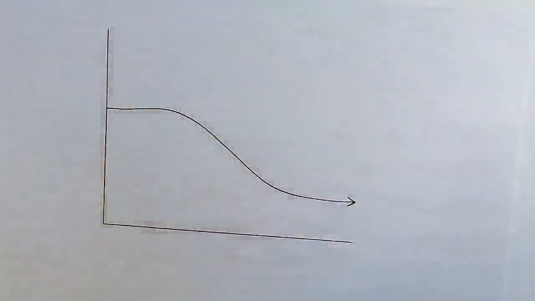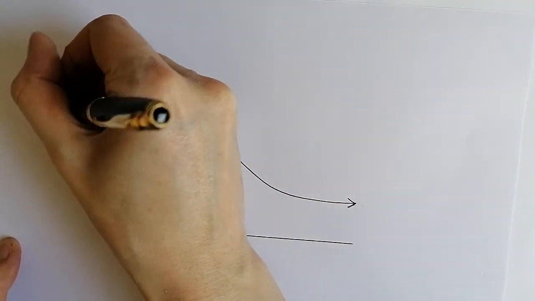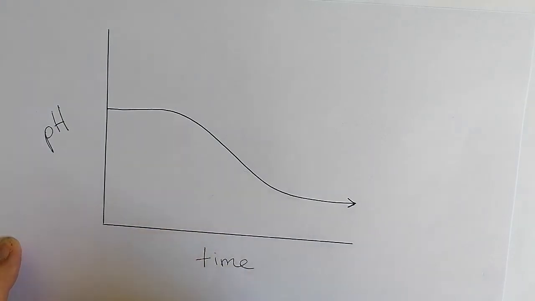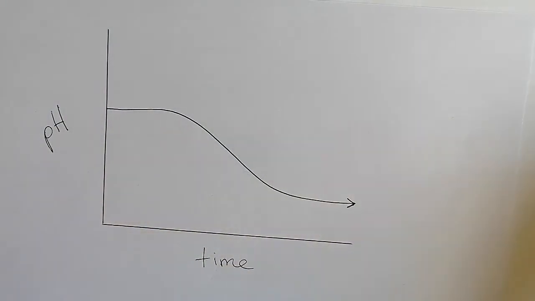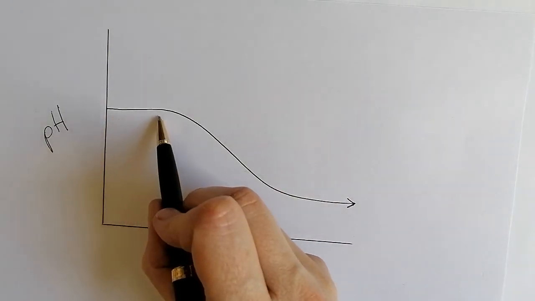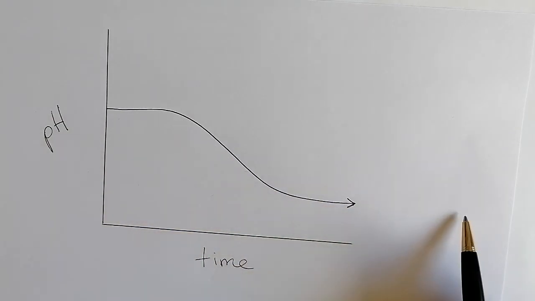Another way of looking at this is if we have pH up the side, which is quite unusual, and if we have time. And again, we still have our test tube with our fats in, and we are going to add an enzyme. In this graph, you can see that we have a constant level of pH, and then it goes down, and then goes constant again.